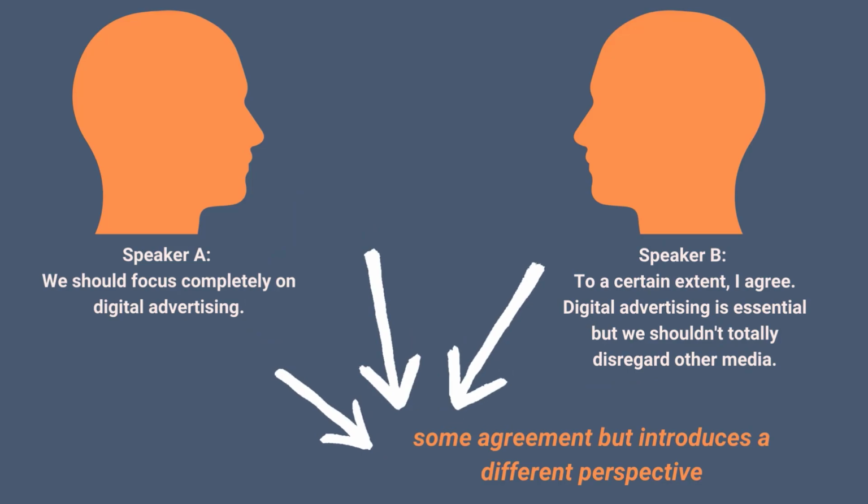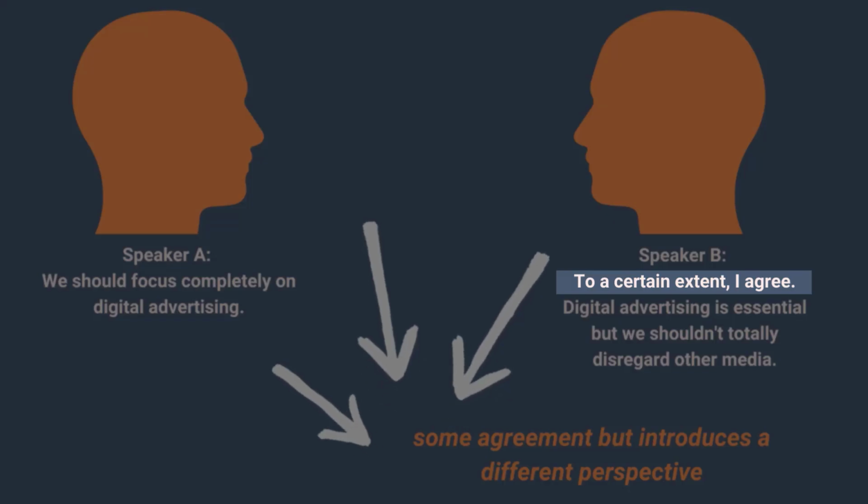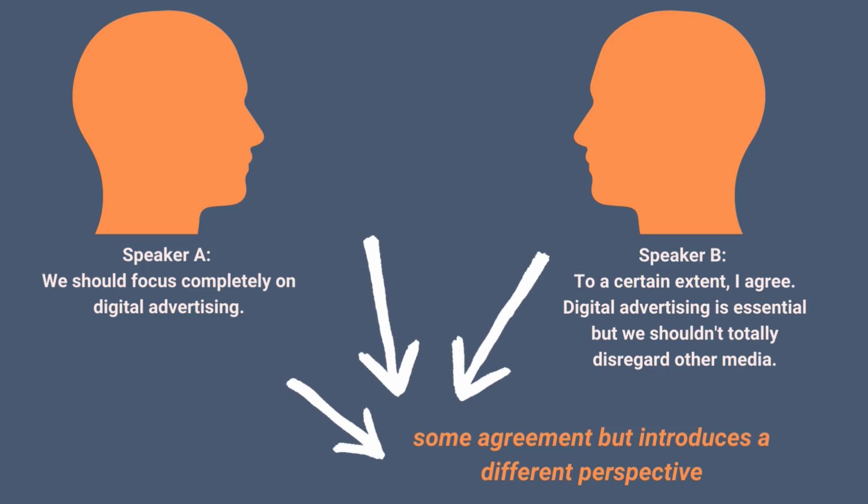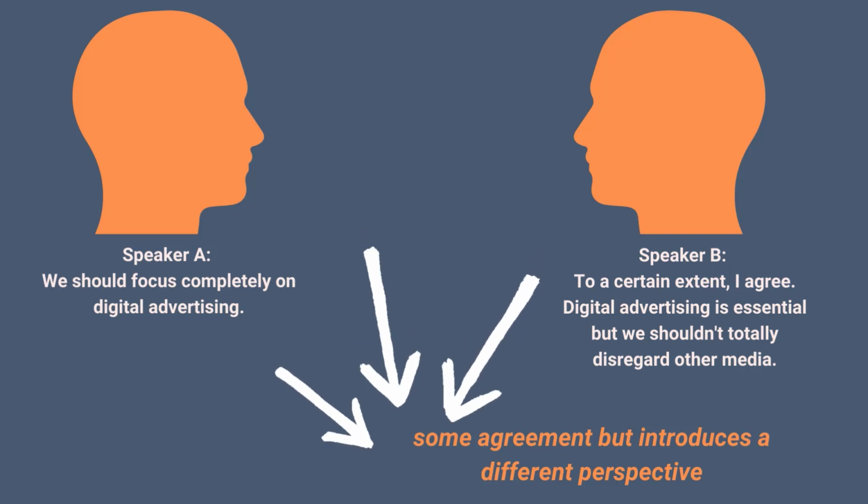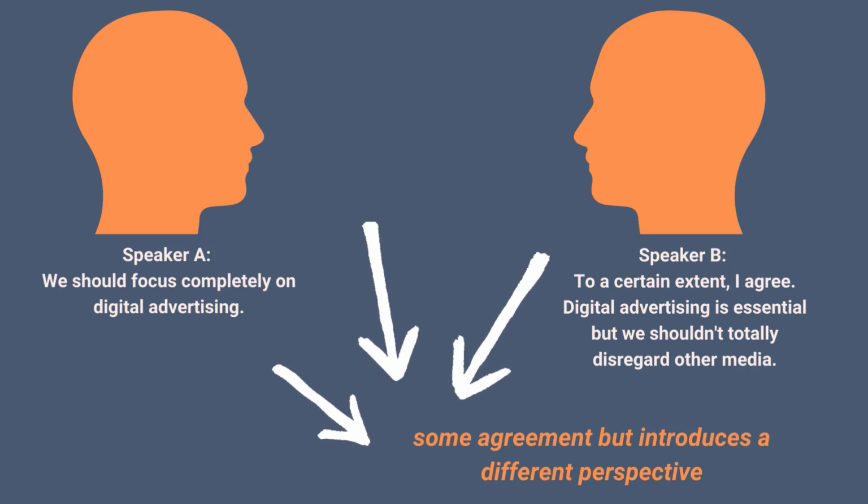Well, Speaker B has used the phrase, to a certain extent, I agree. So it's around about 50-50 maybe. Speaker B has some agreement and shows that digital advertising is acceptable and it is essential, but also introduces at the same time a different perspective and opens up the discussion for talking about other media.